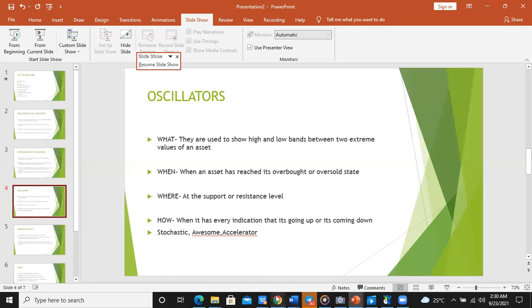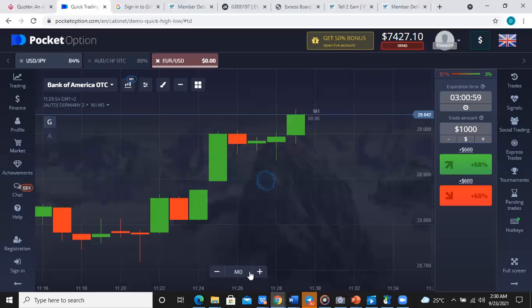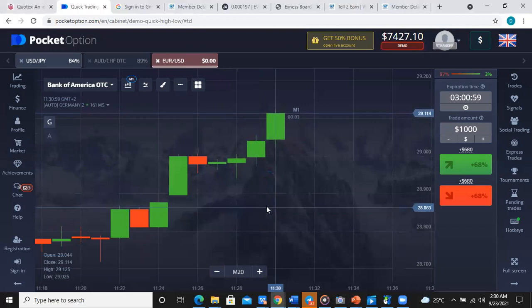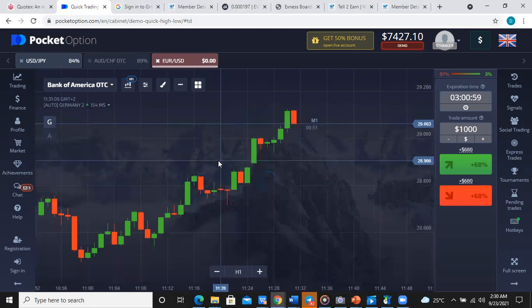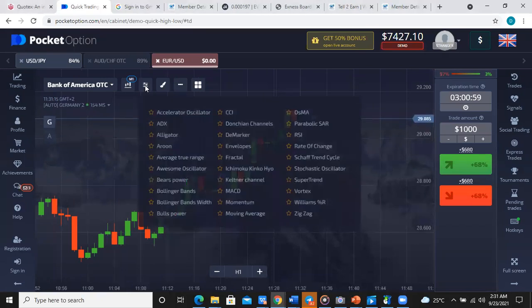So when you come to your broker, this is what we call the broker, where you are going to do your trading. When you come to this place, indicators, we have the accelerator oscillator here.